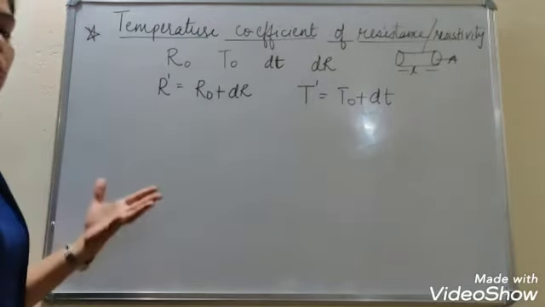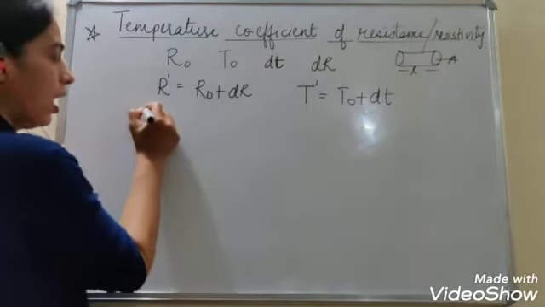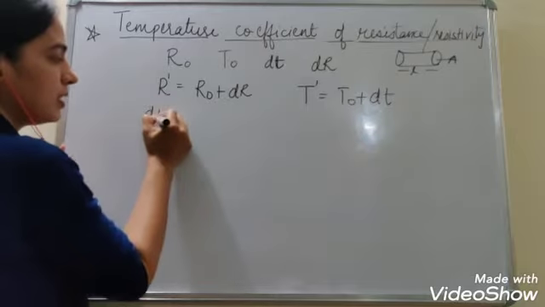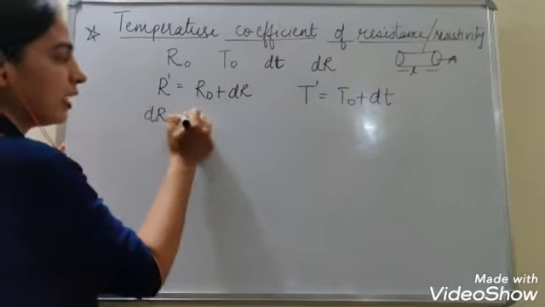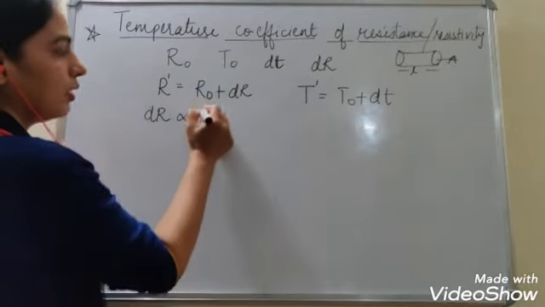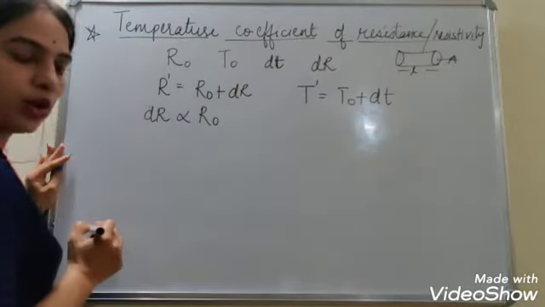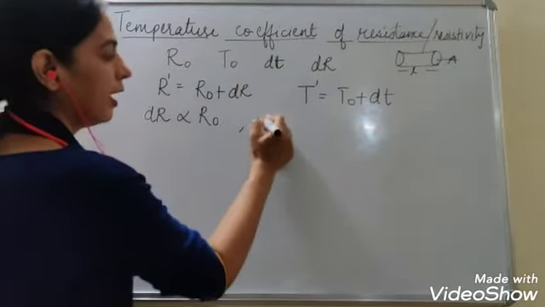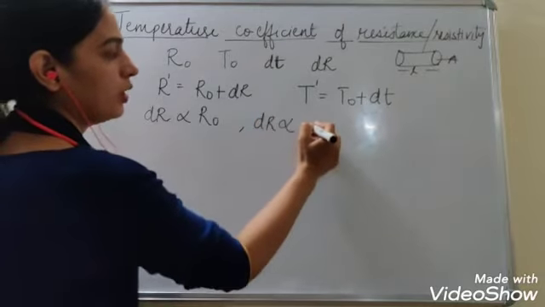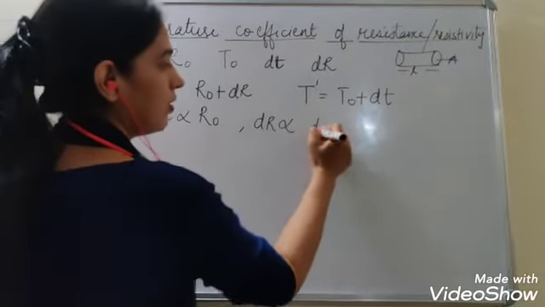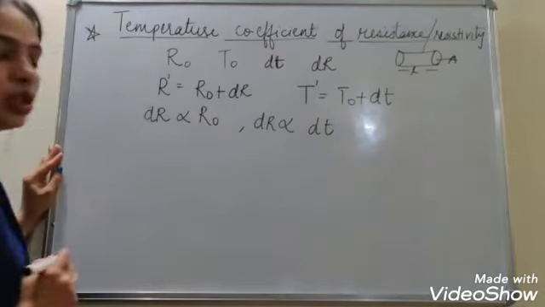Now it was observed that this change in resistance dR is directly proportional to the initial resistance R0, and dR is directly proportional to the change in temperature dT.